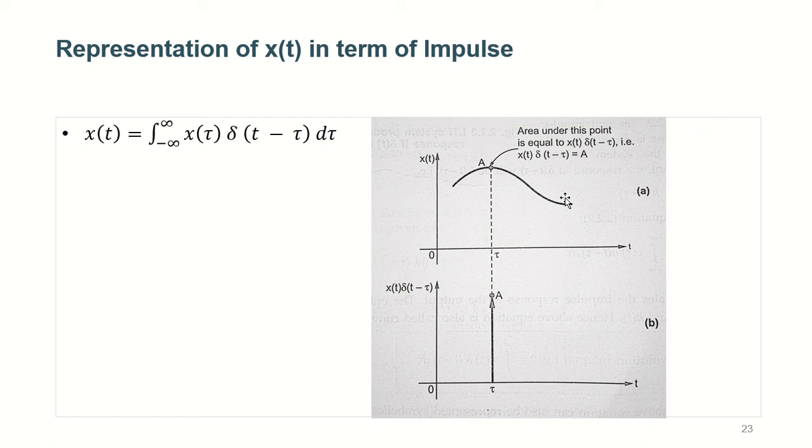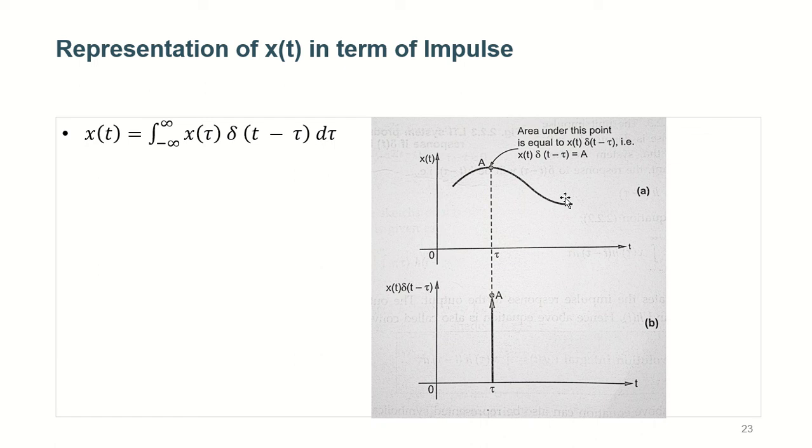Because it is a continuous time signal, you can calculate time everywhere. So what will happen? This x of t will have infinite points, right? And as we have infinite points, we can represent these points by infinite impulses, can't we?